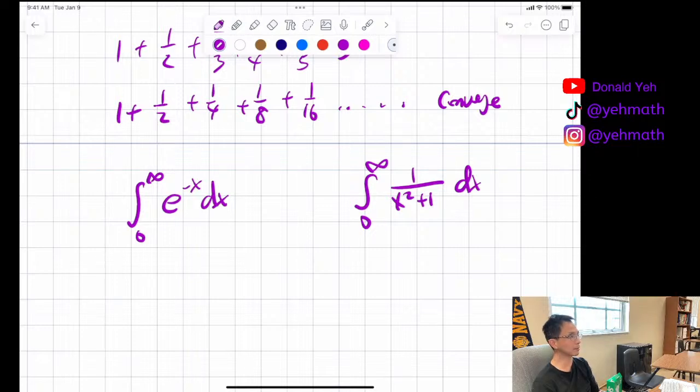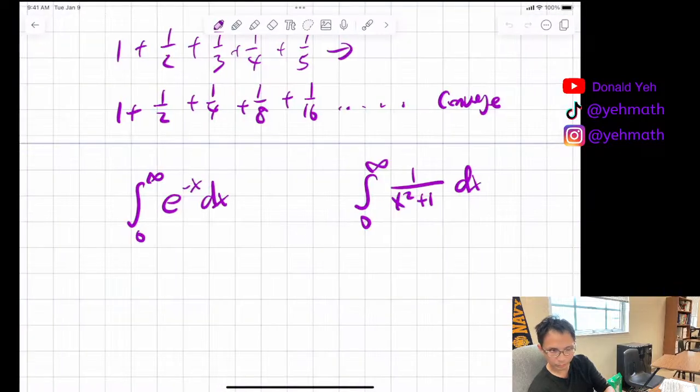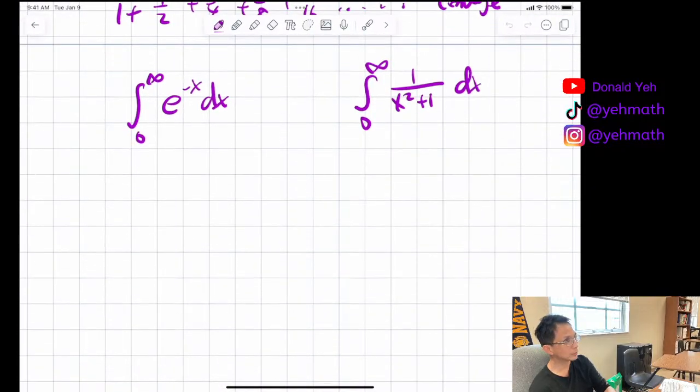Is this on the AP exam? Yes, so we would have to write out limits. Oh, interesting. I swear we did this. For the second one, yeah. You're not crazy. He yelled at you guys yesterday.